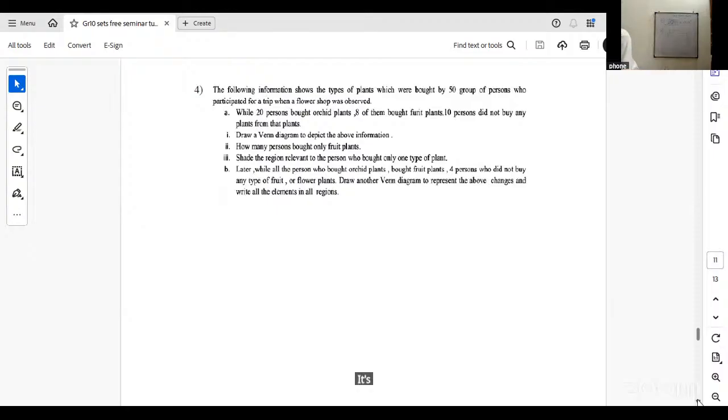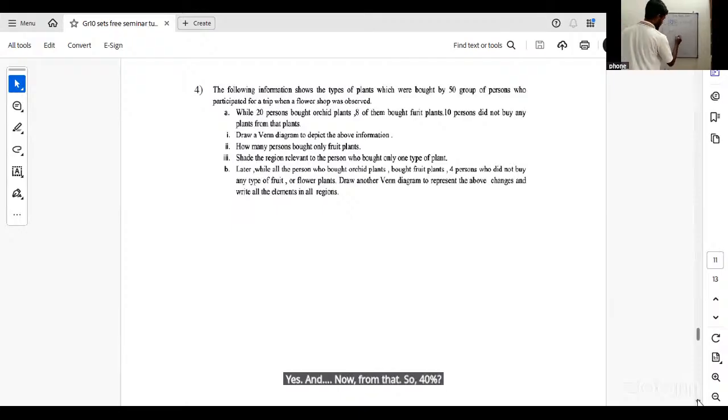20% bought orchids. Bought plants, and some people did not buy plants. So 80% more orchid.